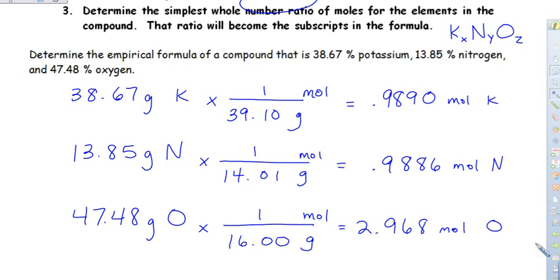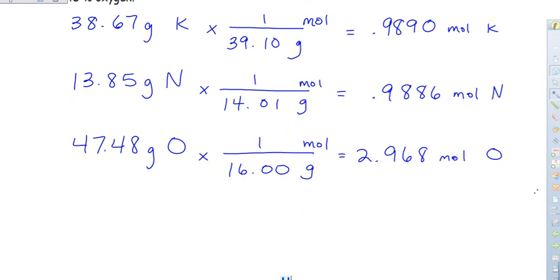What do you think? Do you feel comfortable enough to put this down as, here's my formula, KNO3. Look at that. This is approximately 1 mole, approximately 1, and that is really darn close to 3.